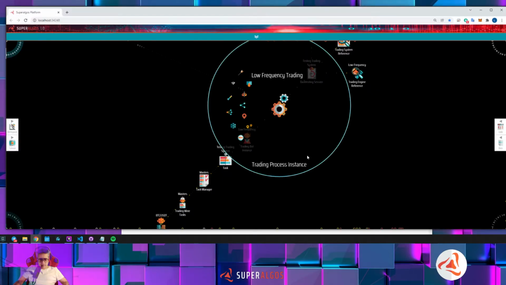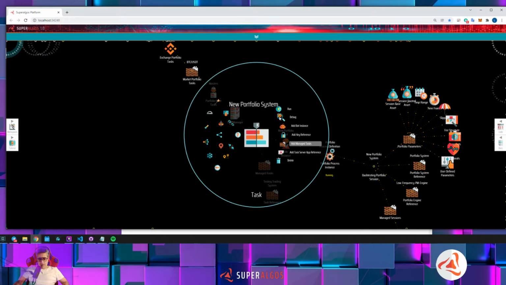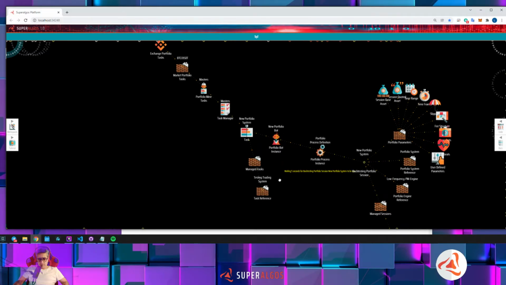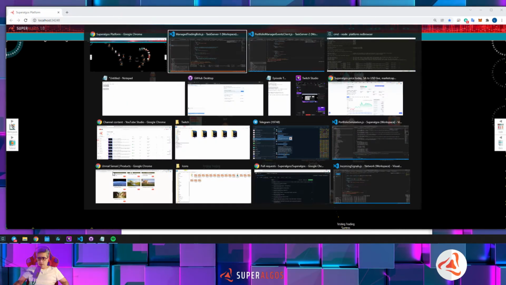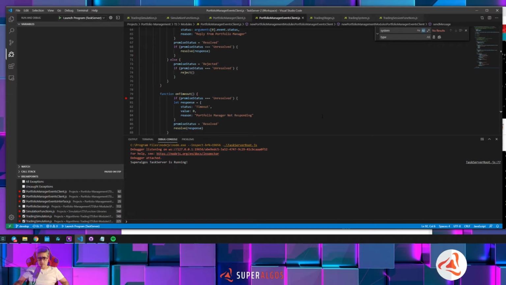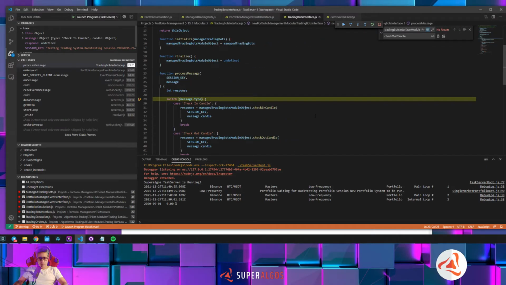It's running, so we can debug. And because we can debug, we can run. Then task server 2.